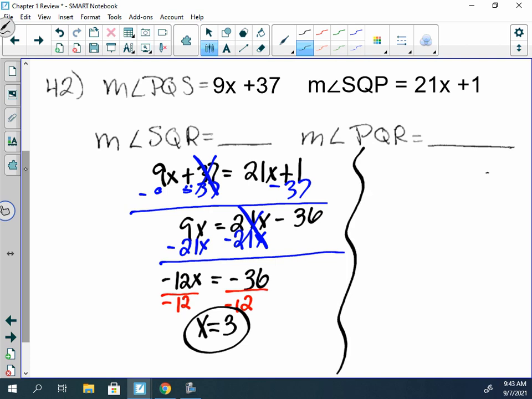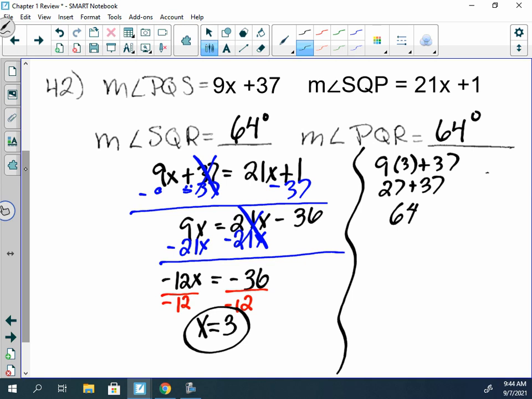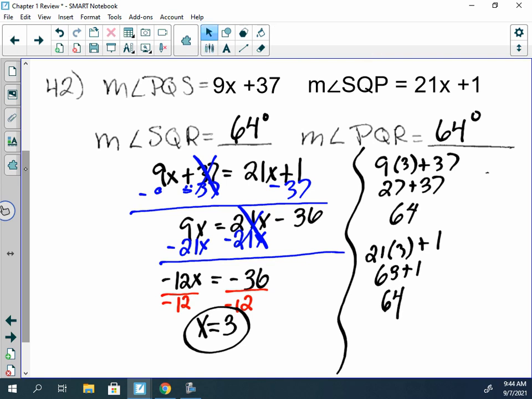And last but not least, we have to plug it back in. Well, 9 times 3 is 27, and 27 plus 37 is 64. So both of these angles will be 64 degrees. Because if we do 21 times 3 plus 1, 21 times 3 is 63, and 63 plus 1 is, in fact, 64.